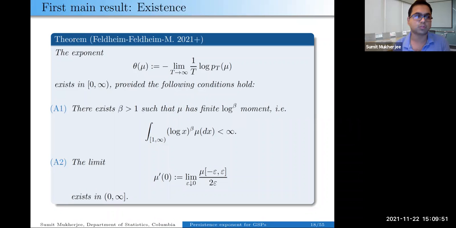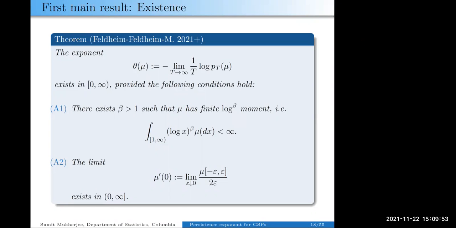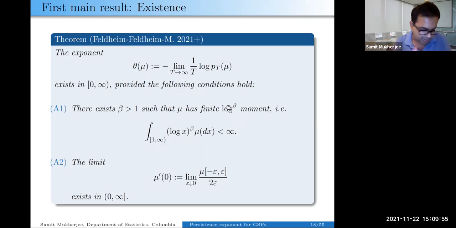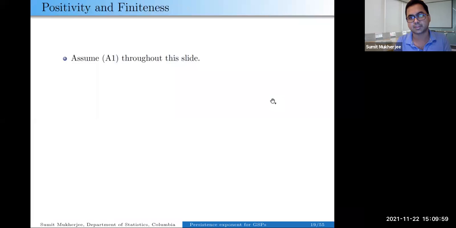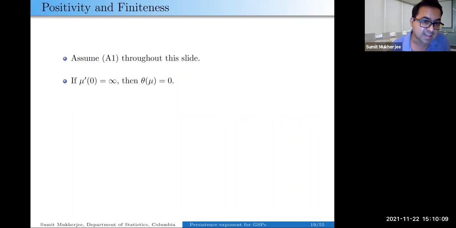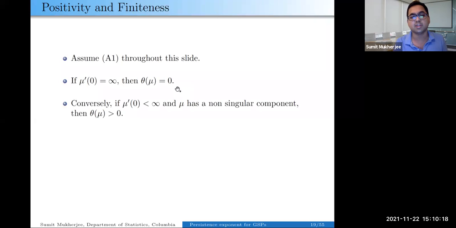Okay. So we'll not give if and only if, but we'll give sufficient conditions. So assume A1, meaning assume the log beta moment. And then the question is, can this be infinite? Well, if mu prime 0 is infinite, then the exponent can be 0. So that's one direction.